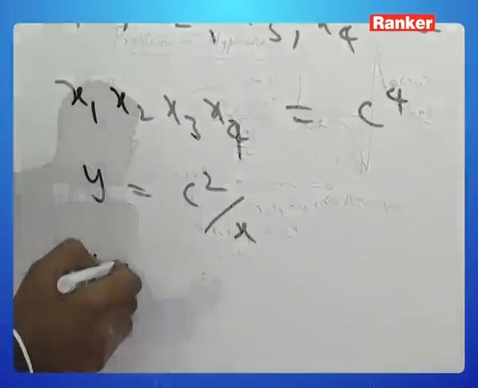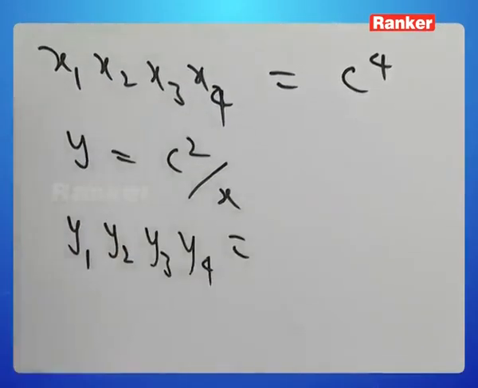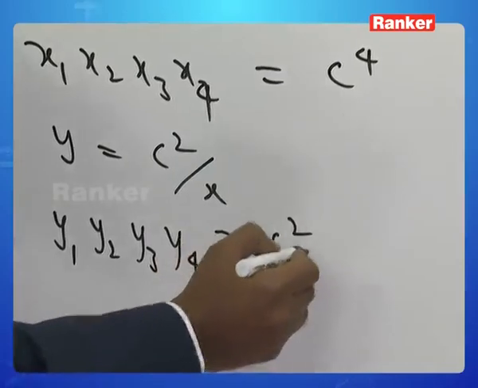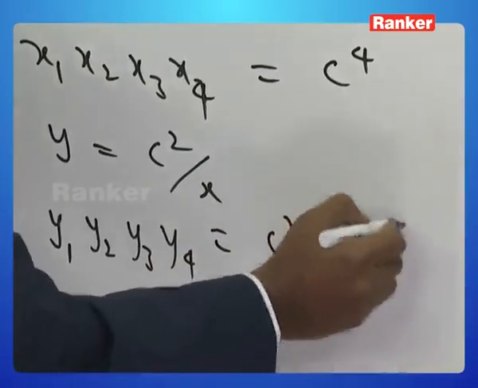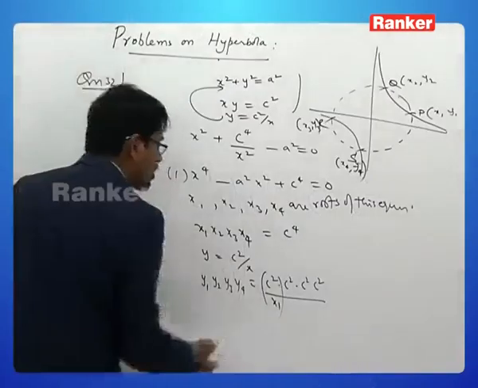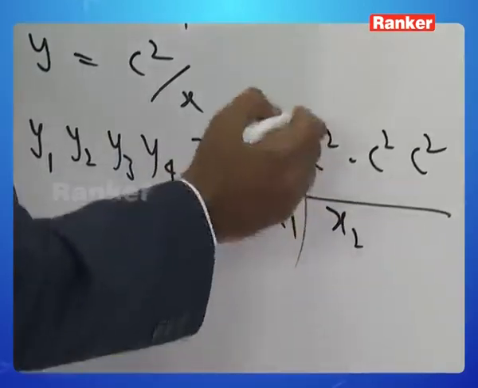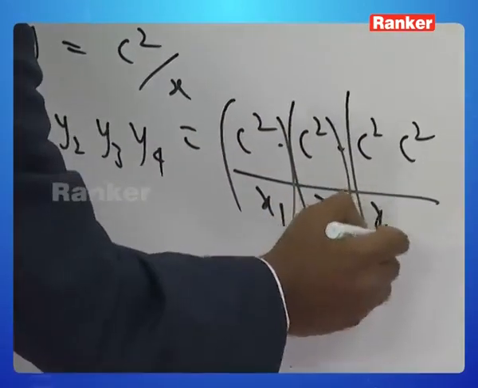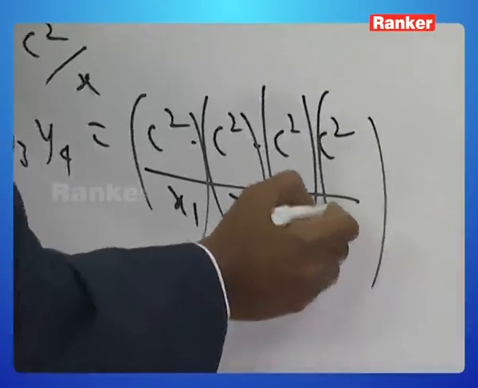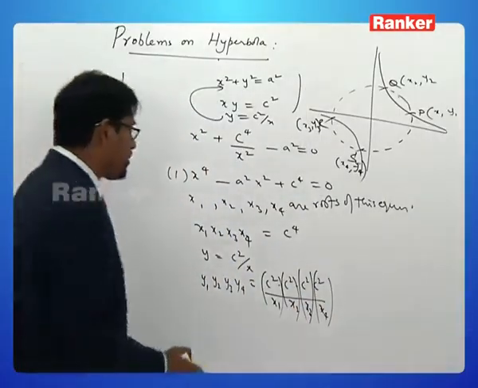So, y1 into y2 into y3 into y4 must have been c square into c square into c square into c square, the whole thing divided by c square by x1 is your y1, c square by x2 is your y2, c square by x3 is your y3 and c square by x4 is your y4. But what do you know about x1, x2, x3, x4?